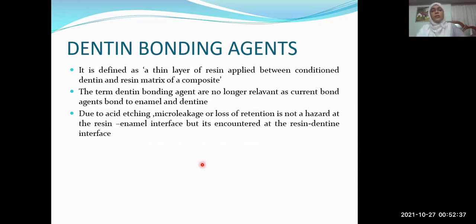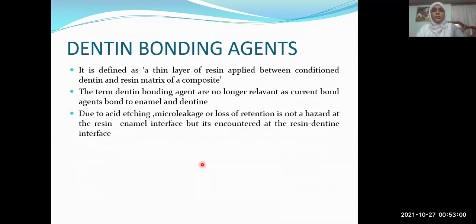So basically, when we talk about dentin bonding agents, they are no longer relevant now. Initially these two concepts were in use: you have enamel bonding and dentin bonding, and you have to see that dentin is both hydrophilic and hydrophobic, because dentin has water content also.